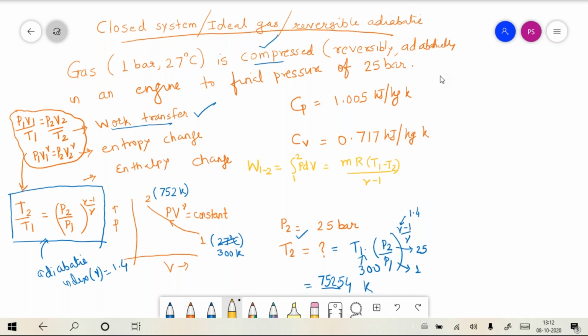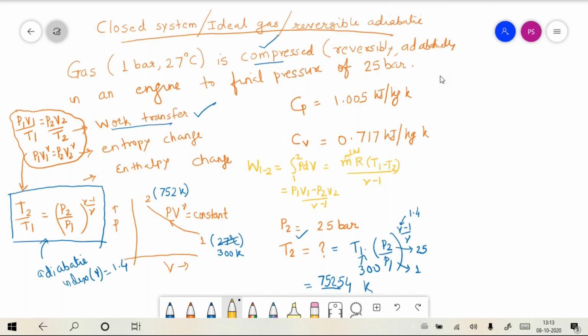We will find it per kg, so the specific work transfer. R, you know, is 0.288 kilojoules per kg Kelvin.